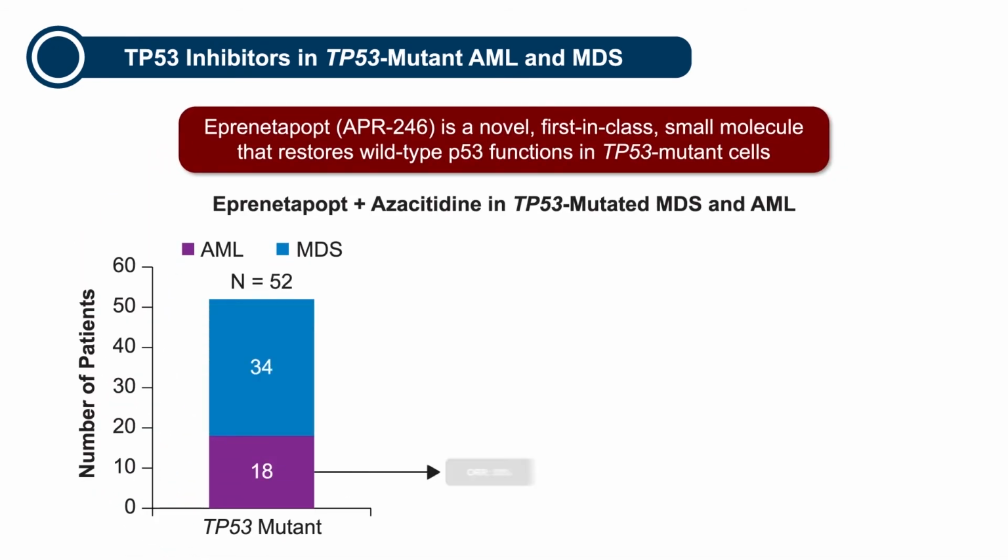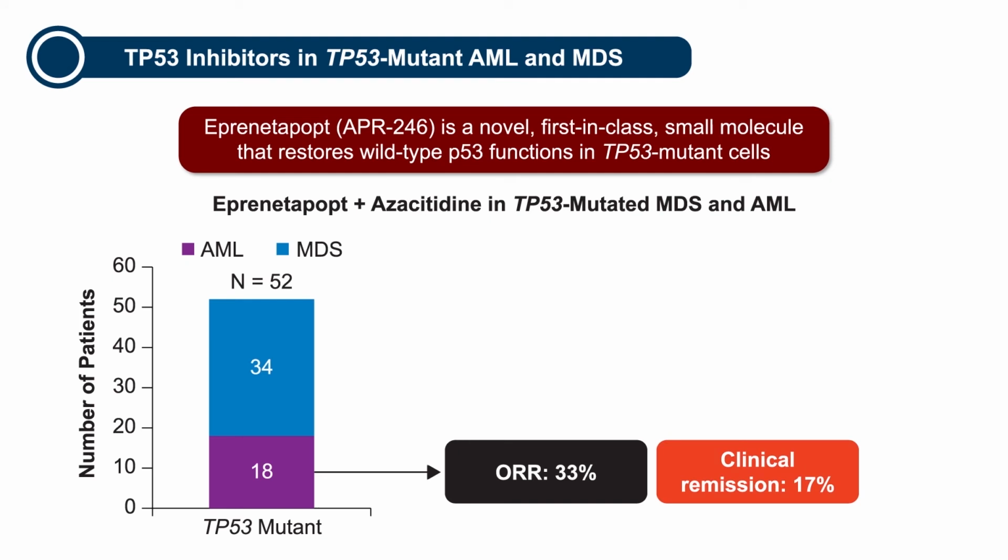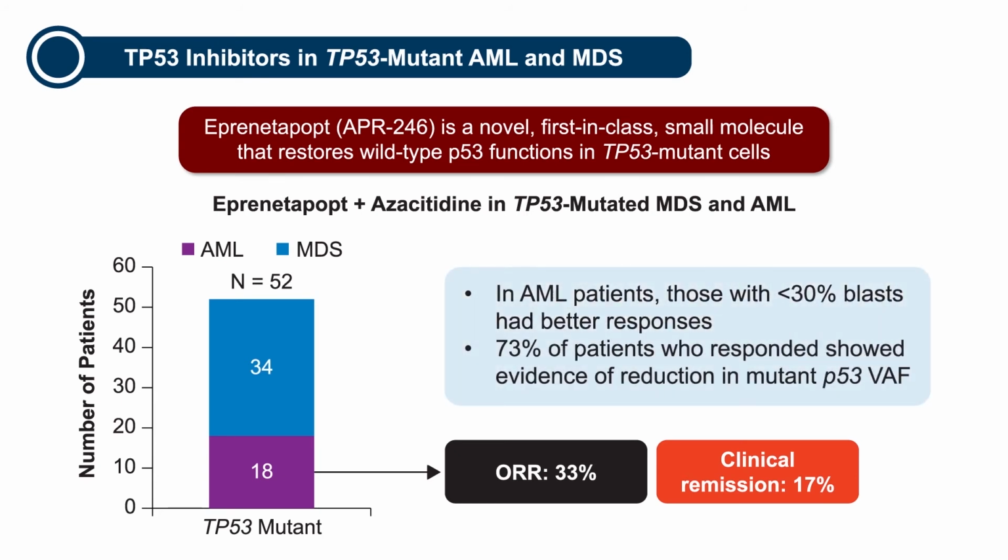In a recent study published by Clouzot and colleagues out of France, 52 P53 mutant patients, which included 18 AML patients, were treated, and AML patients had an overall response rate of 33% with 17% clinical remission. In these AML patients, those who had less than 30% blasts did much better, but still, this is providing a very encouraging avenue for treating AML patients with mutant P53.